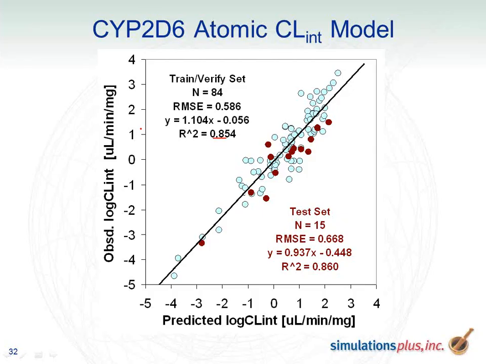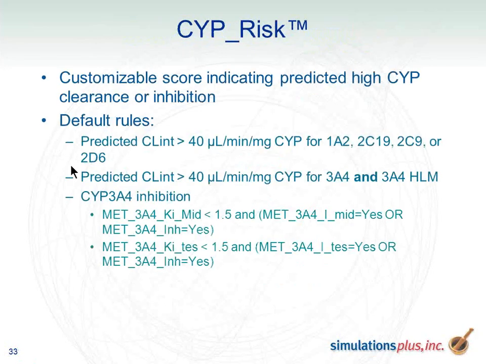Now, going back to the presentation, we have a customizable score called a CYP risk score, which you can modify yourself. There are default rules. It indicates each molecule is scored as a liability, similar to Lipinski type rules. So if a compound has a particular CYP liability or it inhibits a CYP, it's given a point, let's say.